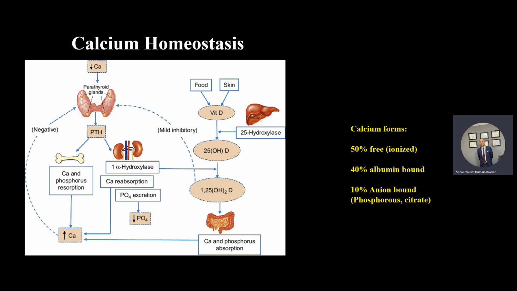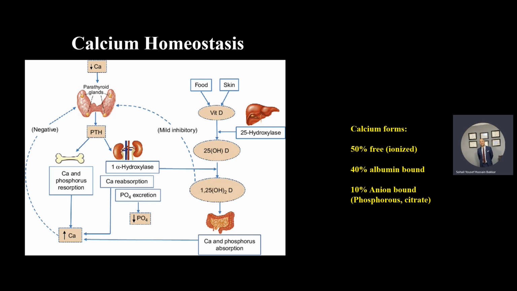We know that 40% of calcium is bound to albumin and therefore it is inactive. 10% of calcium is bound to anions like citrate and phosphate and is therefore inactive.